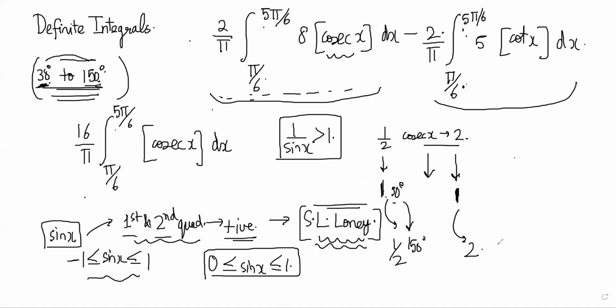Do you understand what I'm saying? Then it is very easy: cosec x goes between 2 to 1 and again from 1 to 2. So technically it never hits 2 inside; 2 will come only at the end points, right? It is always from 1 to 2, something in the middle.